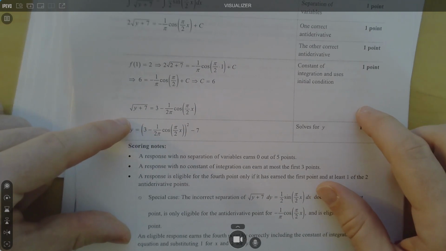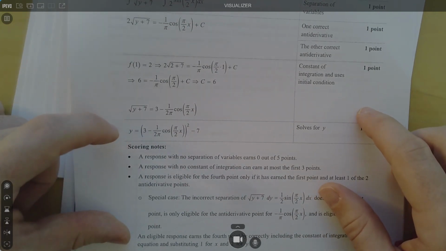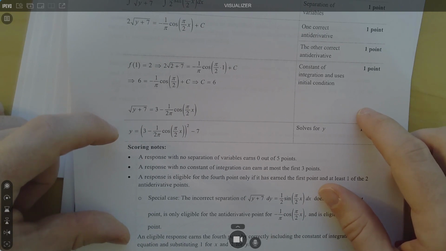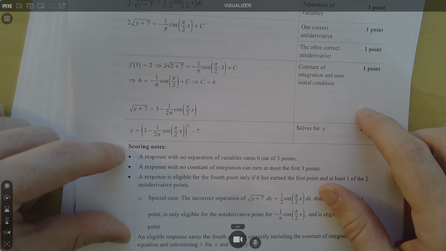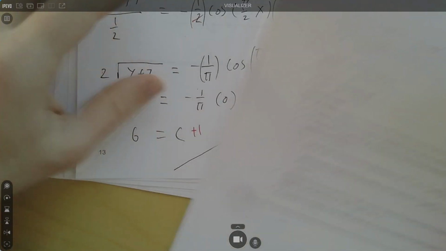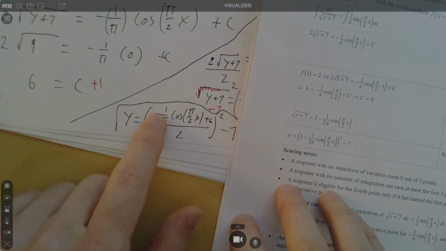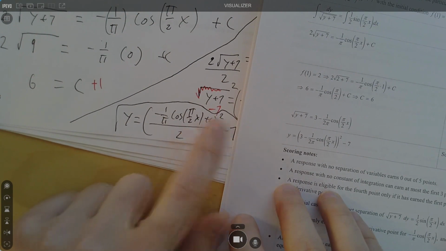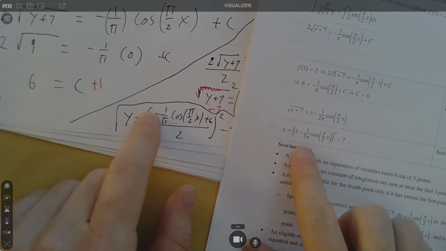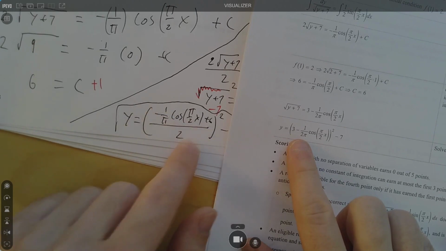Rewriting it with a plus 6, and then solving for y, that's your last point here. The only difference between our two answers is that they divided everything by 2 here. So 6 over 2 is 3, and that's how they got 1 over 2 pi. Okay, they just divided by 2 more cleanly than me, but both are fine.